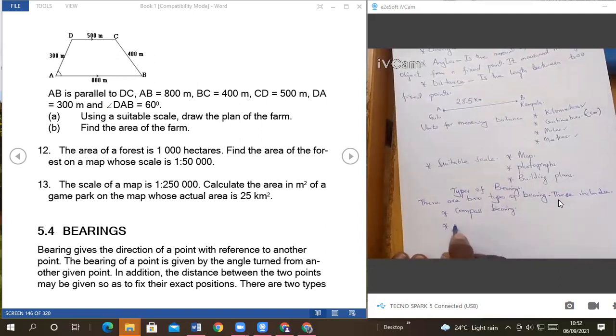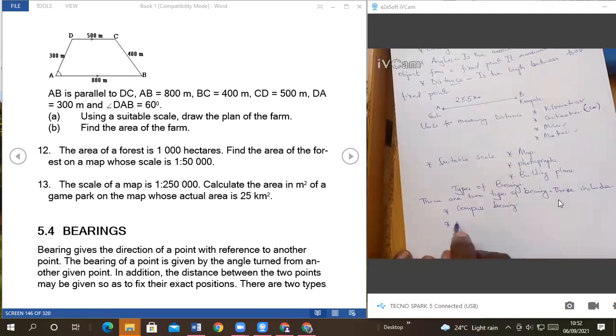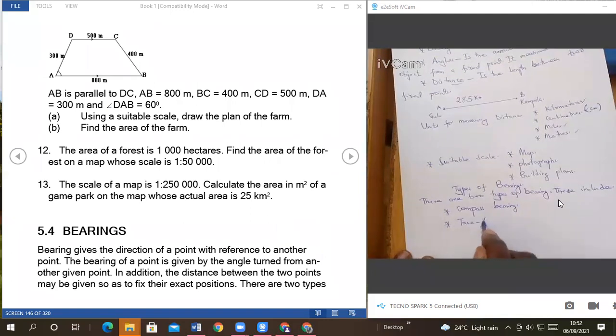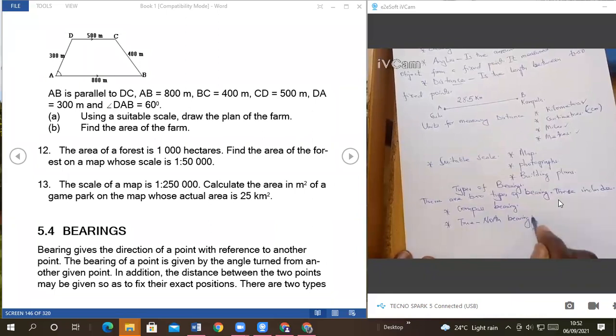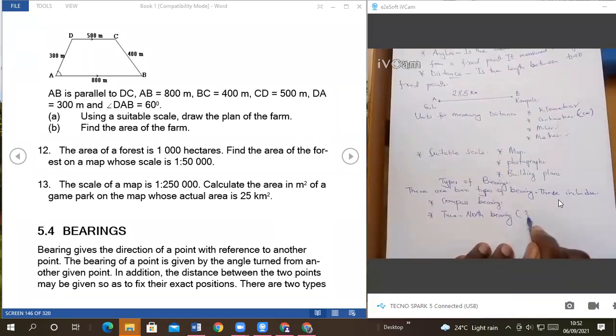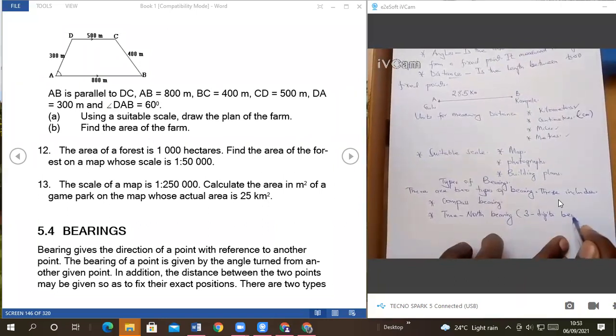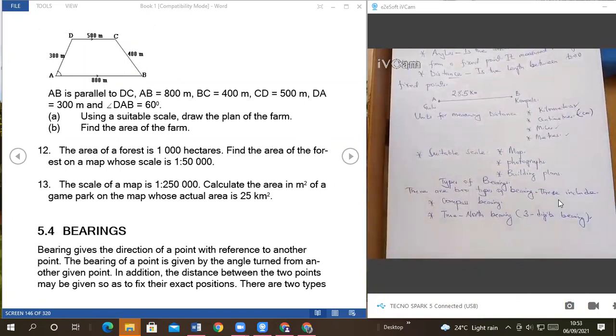Then we also have what we call true north bearing, or some people sometimes call it three-digit bearing. Those are the two types of bearing we have, members.